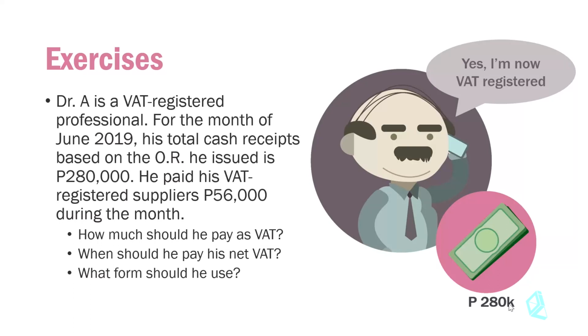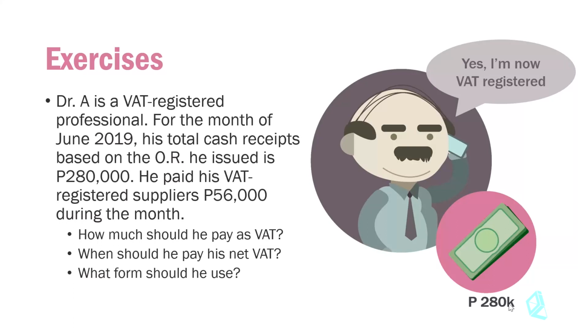Let me just quickly go over the questions. So how much should he pay as output VAT? That's the idea behind the first bullet point. So how much is his output VAT? And this would be based on his gross receipts for the month of June, which is 280,000.